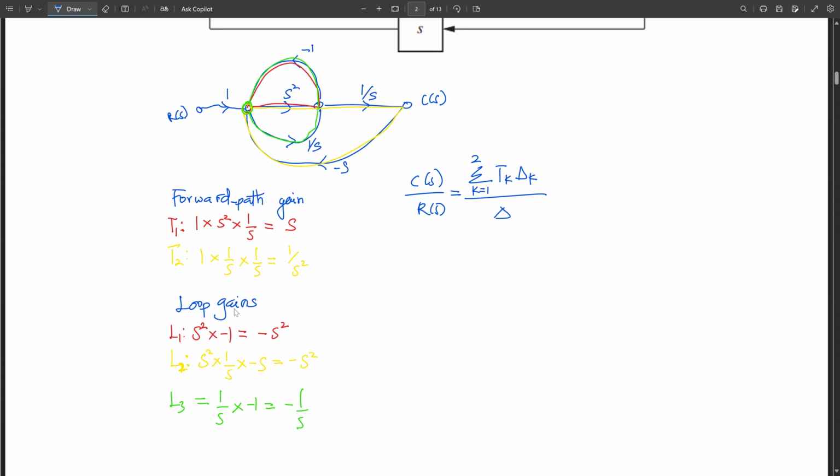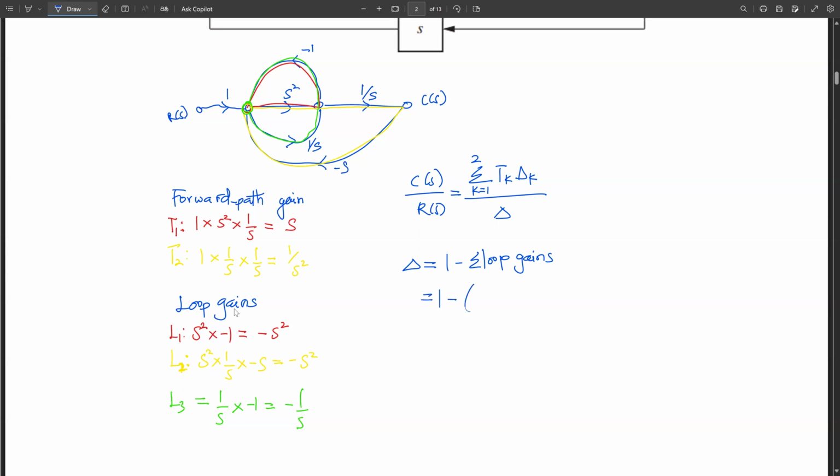So we know what T sub K is, and then we can find this one. And from this, we will find delta sub K. So delta is going to be 1 minus the summation of loop gains. I'm not going to add the term that involves the non-touching loops taken two at a time because we do not have that here.